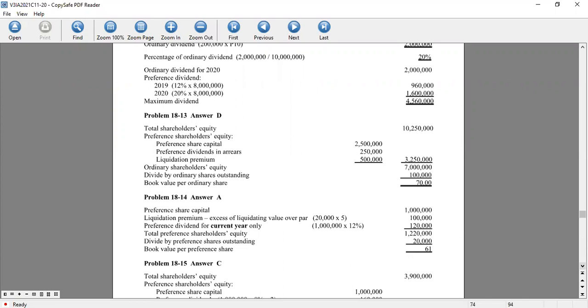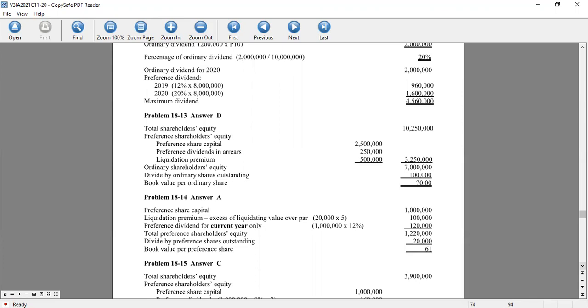The preferred dividend for current year only is 1 million. Now, dividends on preference share have not been paid since 2018. But for purposes of determining the book value per share, and since our preference share capital here is 1 million, we now get the preference dividend for current year only, multiplying 1 million by 12%.